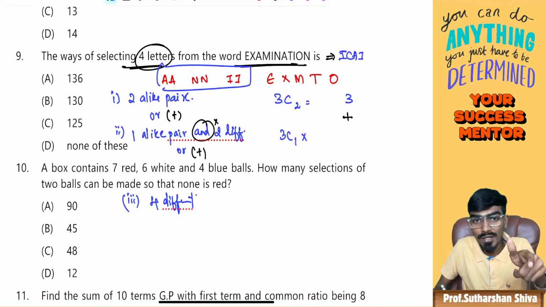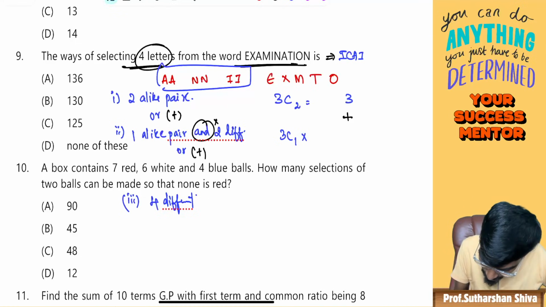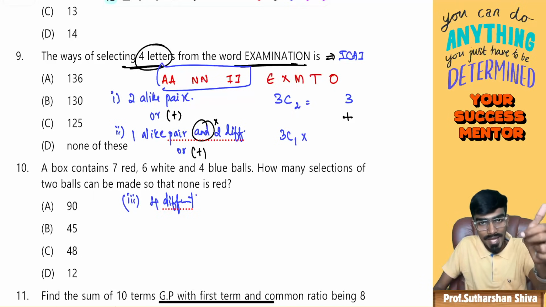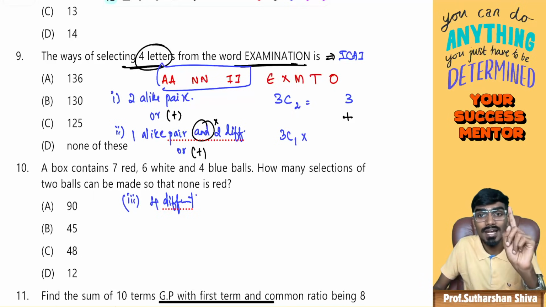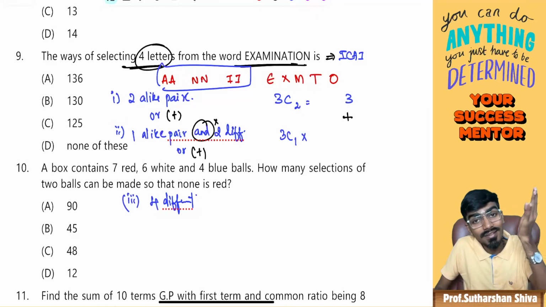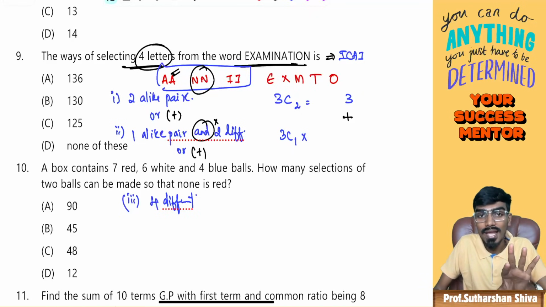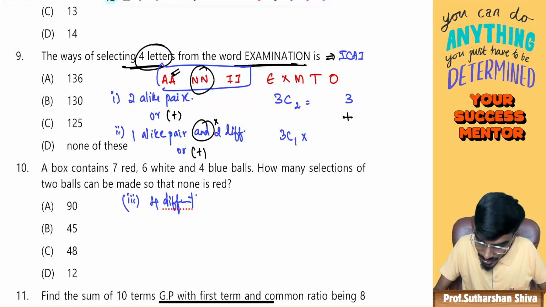What are the two different letters? Suppose out of three I selected AA or NN or II, any one, those two letters will come. And then suppose I selected AA, then NN I should treat as one different letter.